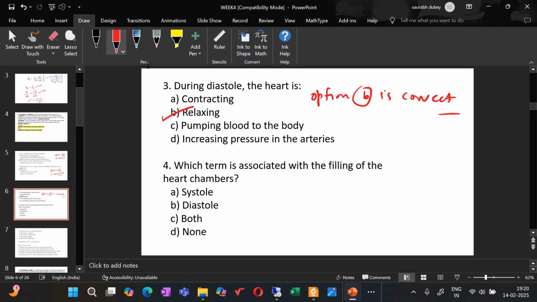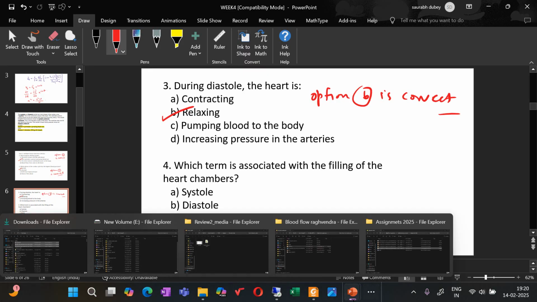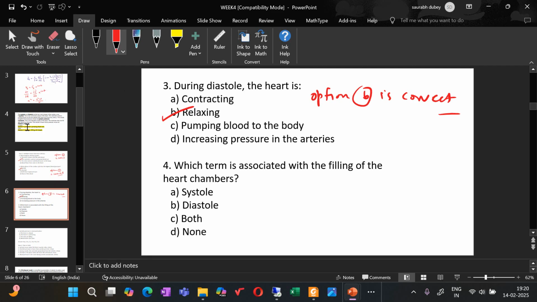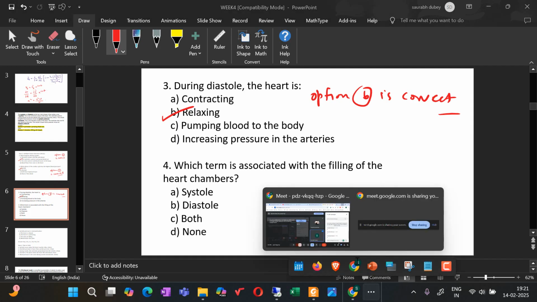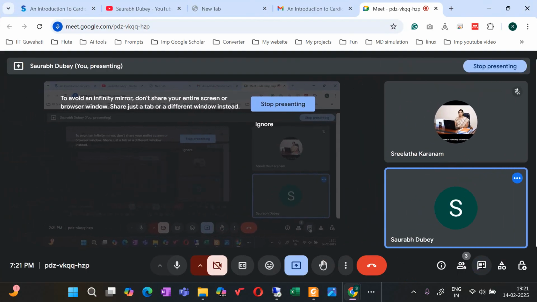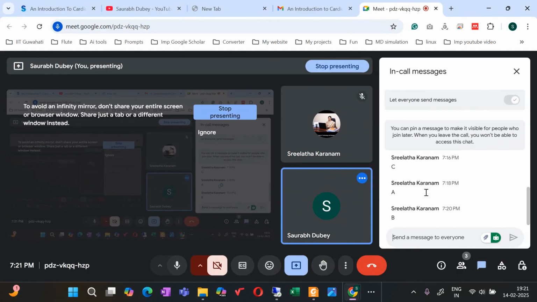So systole, diastole, both, none. If you attempted, let me see. Just attempt, even if it is right or wrong.